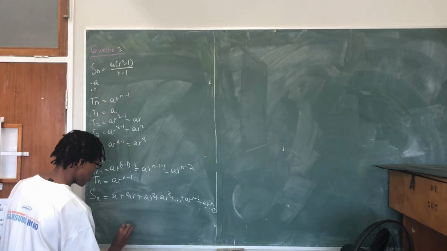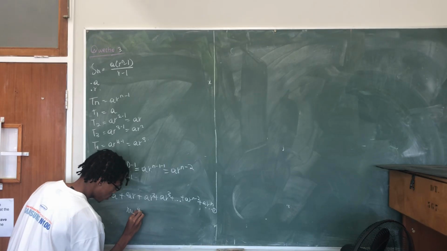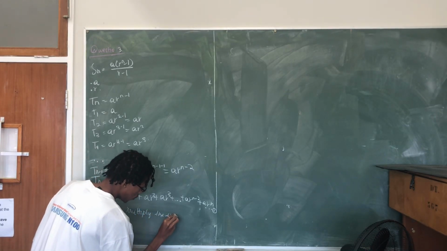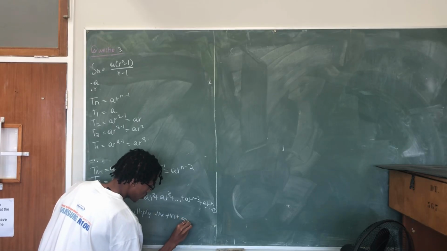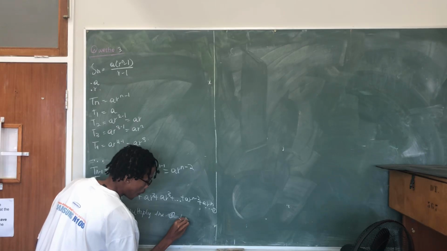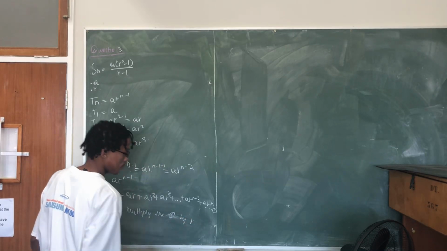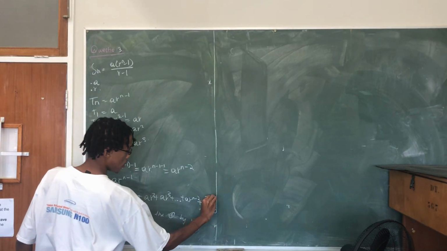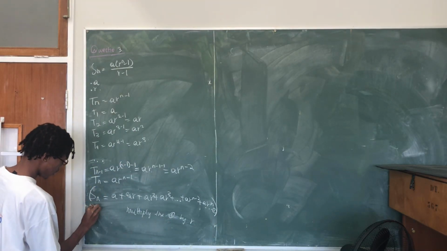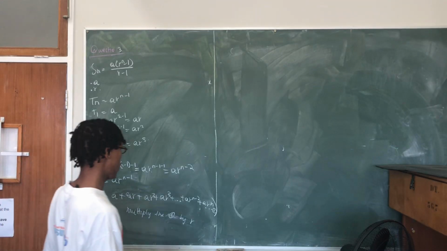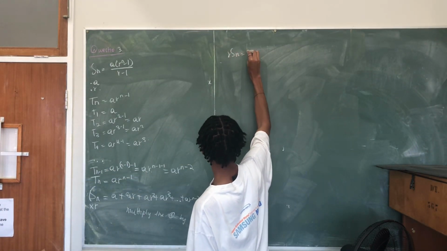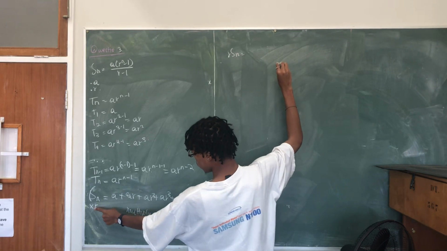After this, we're going to multiply the first equation by the common ratio. So we're going to say this multiplied by r, so that we have r times Sn is equal to a times r.